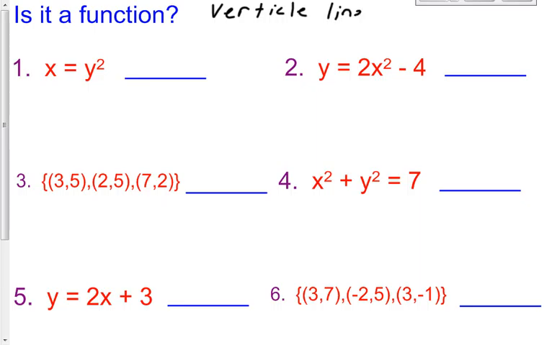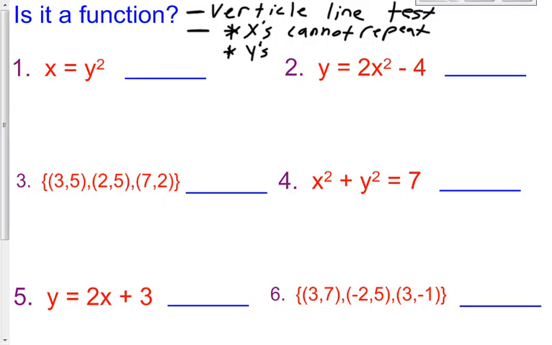The other hint that we can use, which helps us a lot when it comes to relations, is that the x's cannot repeat. However, the y's can repeat. So make sure you keep that in mind.